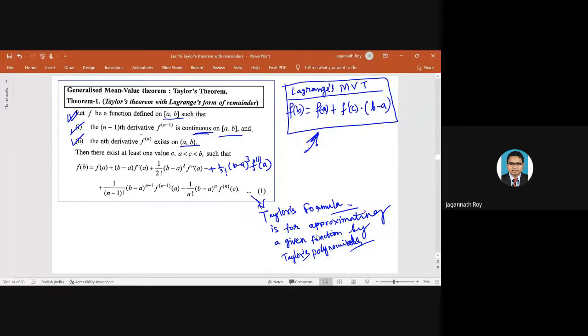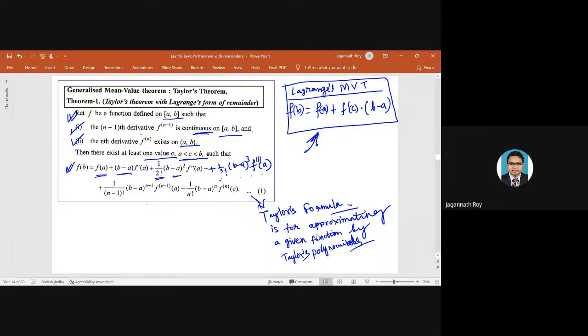Then there exists at least one value c. Remember, c can be more than one. So it is saying that there is at least one value c such that a is less than c is less than b, with this condition it will satisfy f of b equals f of a plus f dash of a into b minus a, then 1 by 2 factorial, 1 by 3 factorial terms.